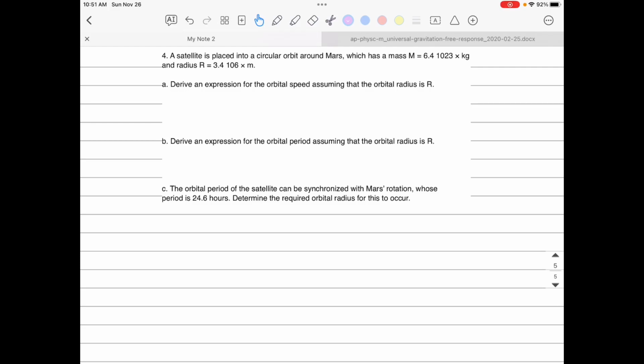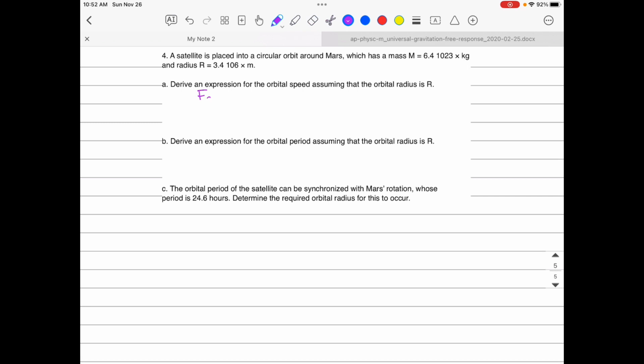For problem number 4, we have a satellite placed in circular orbit around Mars, and we need to derive an expression for the orbital speed, assuming that the orbital radius is r. This is proved for you in your notes, but it's a good one to know how to do by heart.